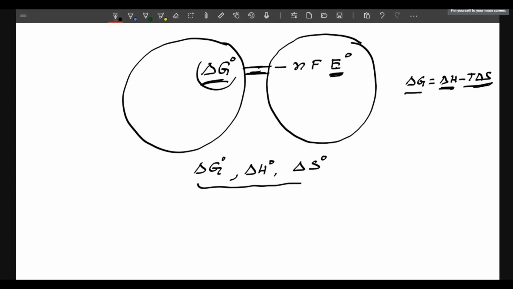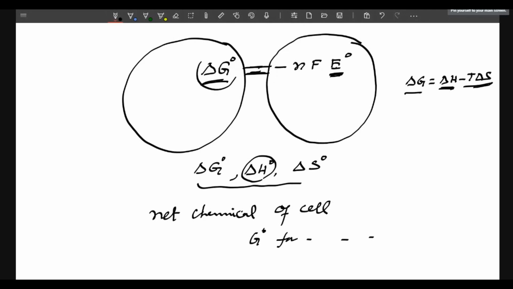Similarly, problems may be given. For the net chemical reaction taking place in the cell, they may give the G0 for the formation of each species. From this, you can find the E naught of the cell. G0 is given, therefore you should go through this bridge, delta G is equal to minus nFE, for which you need delta G0.